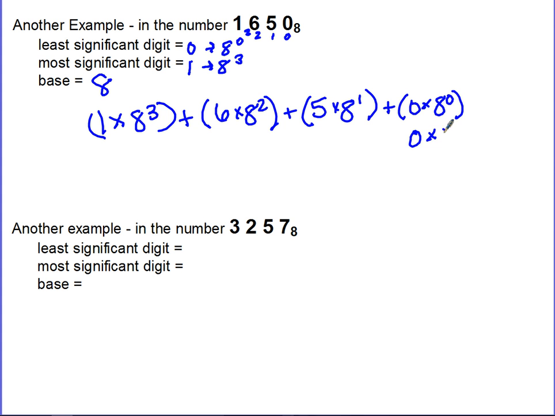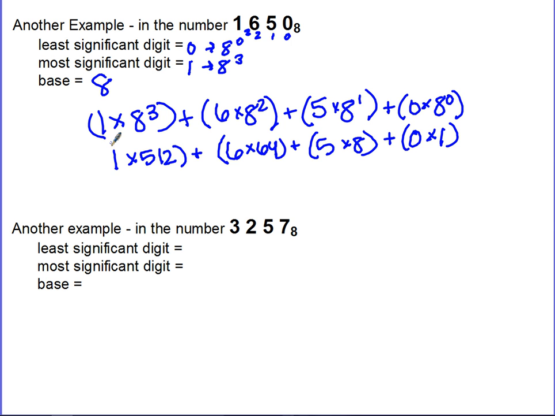This becomes 0 times 1 plus 5 times 8 plus 6 times 64. And then I have to figure out what is 64 times 8. That's how I get my 8 cubed. This becomes 1 times 512.